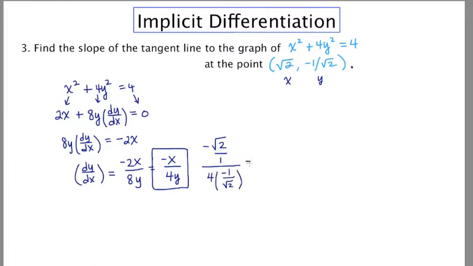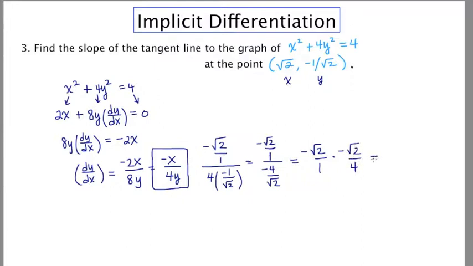So cleaning this up a little bit, we've got negative root 2 over 1 all over negative 4 over root 2. Now, dividing by a fraction is like multiplying by its reciprocal, so it becomes negative root 2 over 1 times negative root 2 over 4.